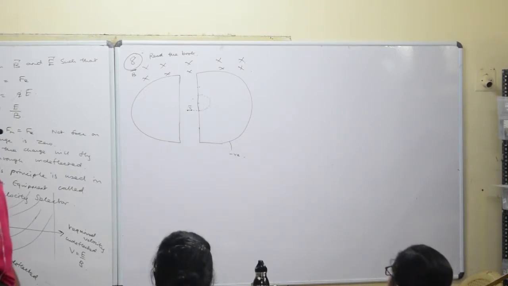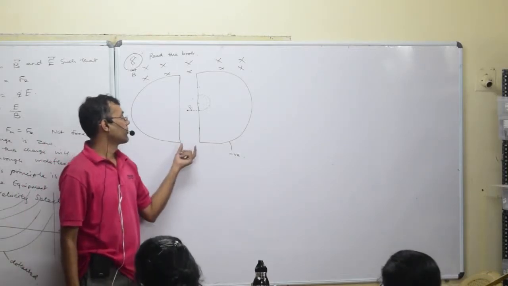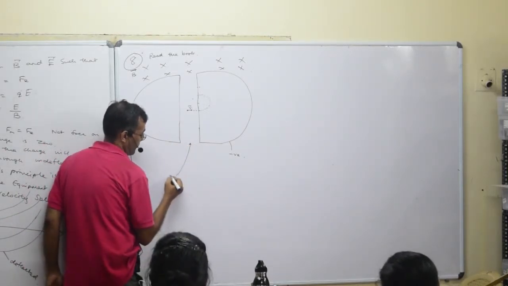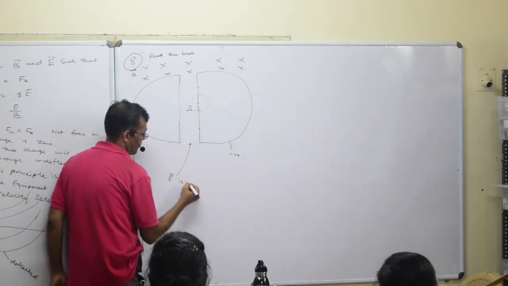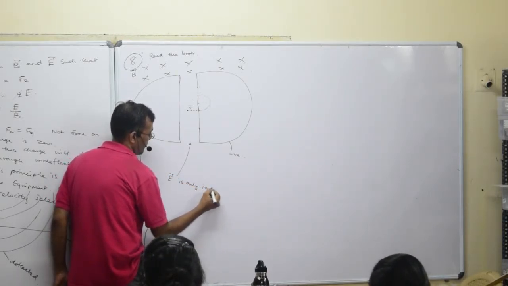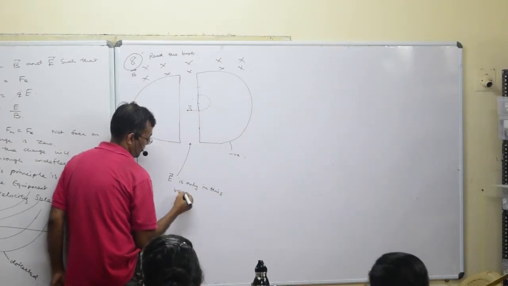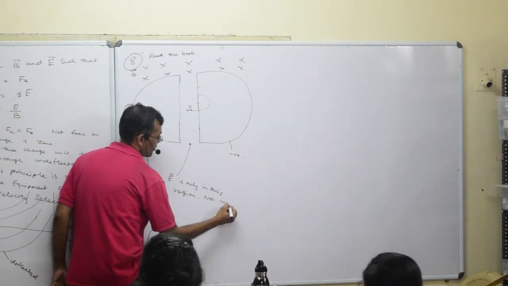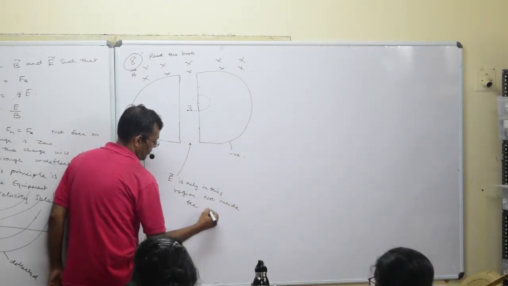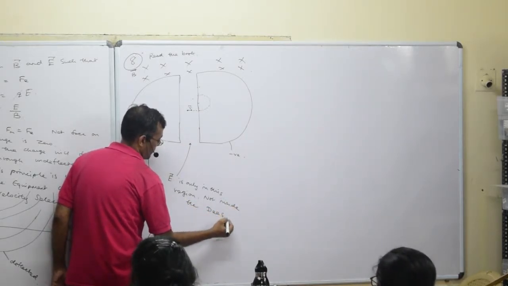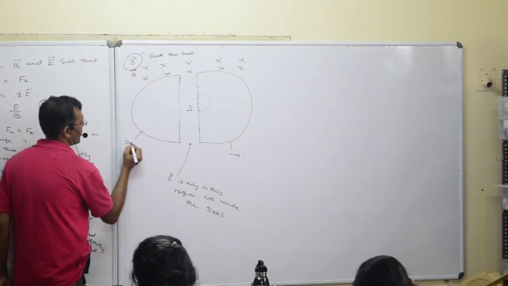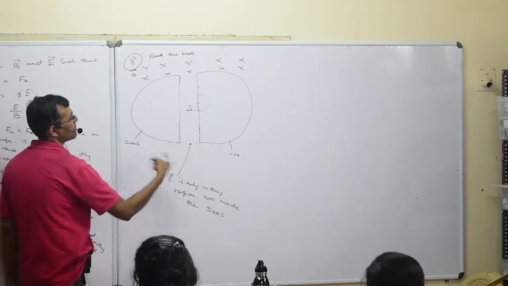But one thing I didn't tell you is the electric field is only in this region, not inside the D's. This metallic body is called D. D's, this and this.